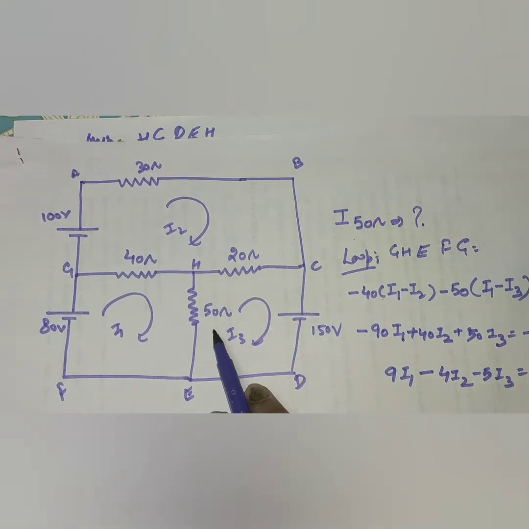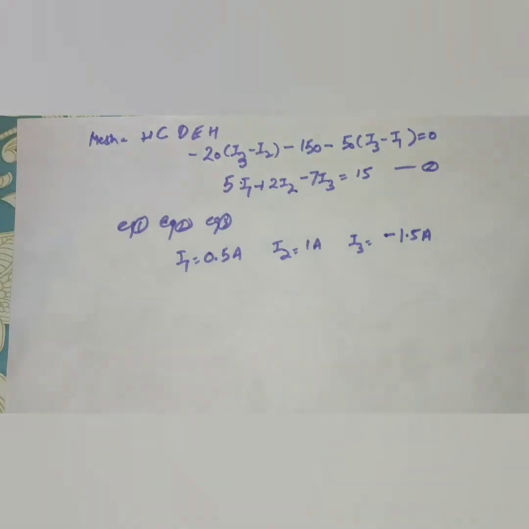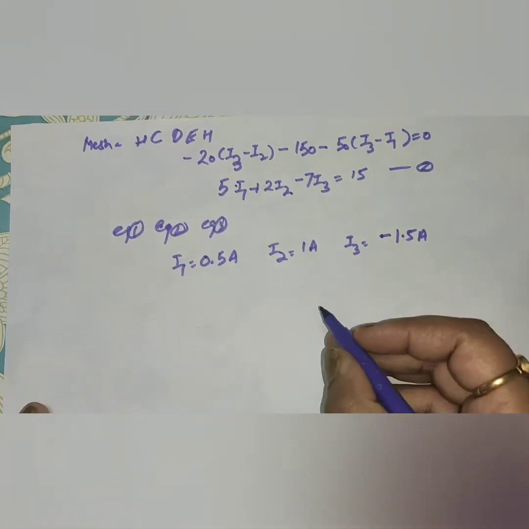So in the 50 ohm resistance, which currents are flowing? I1 and I3. Okay, so this will be your minus.